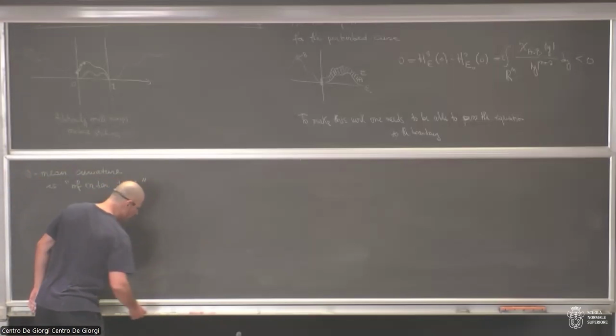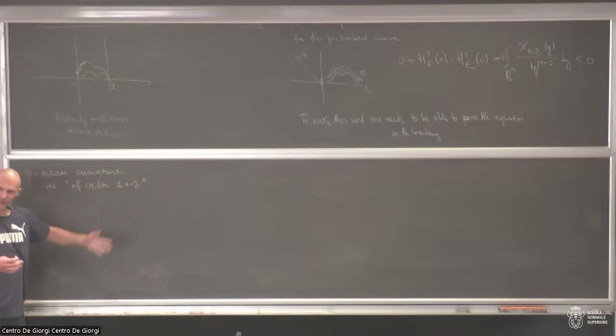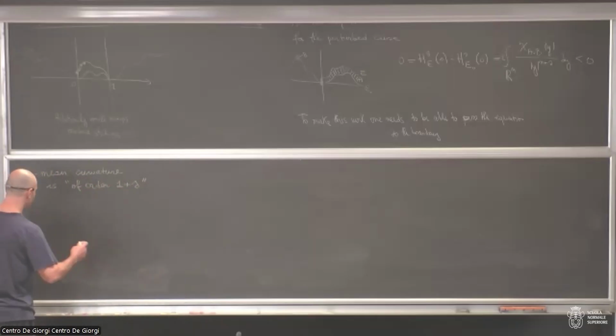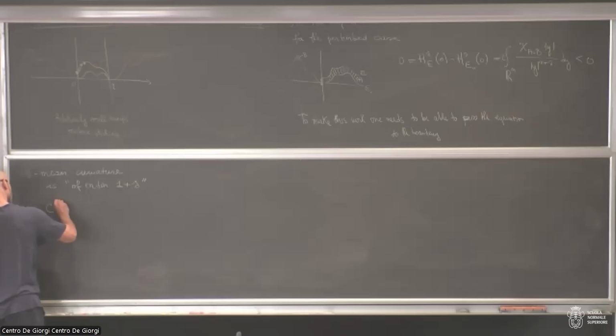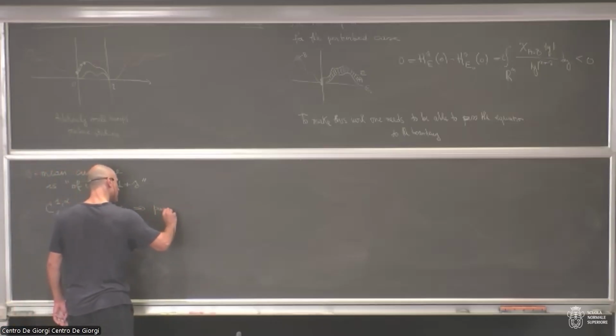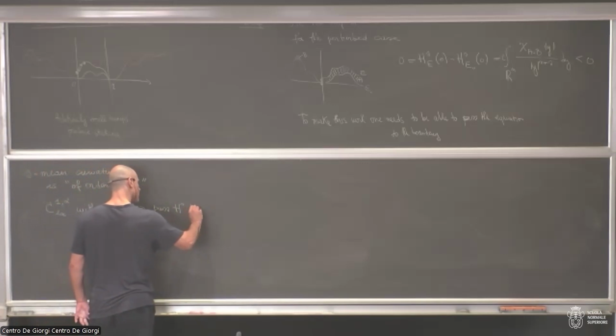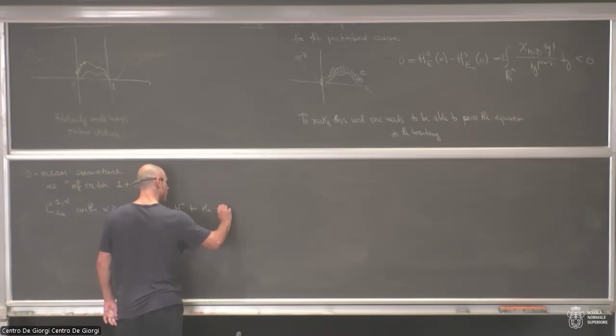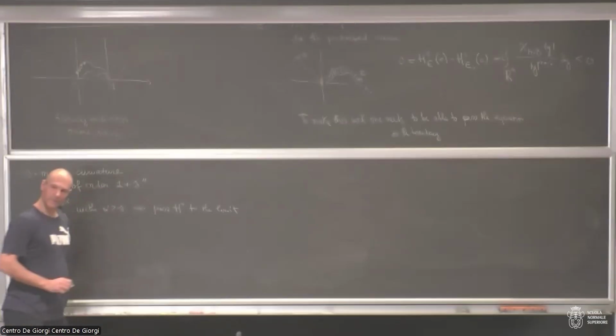Now, if you don't believe that, if you think that this is just a heuristic argument, what I mean is the following: if you can prove that a surface is locally C1 alpha with alpha strictly larger than S, then this is sufficient to pass the S-mean curvature to the limit.